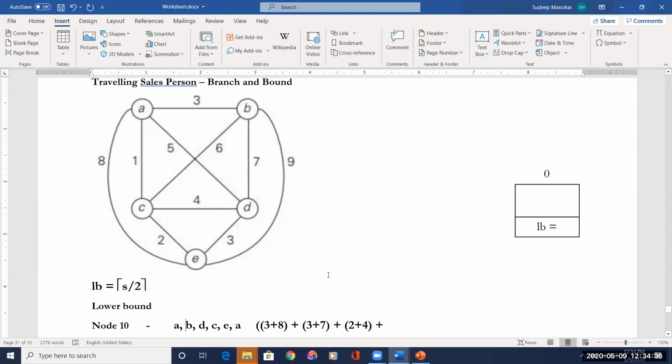D to C, 4. 7 plus 4. Next E. For E, it is E to C, E to A. E to C, 2. E to A is 8. 2 plus 8 is 10.